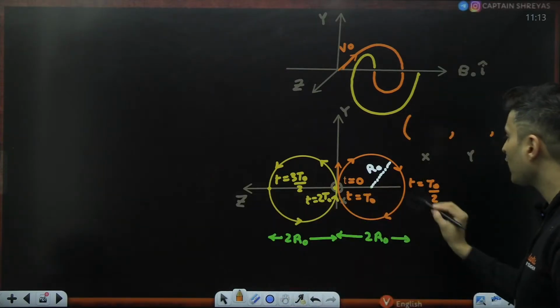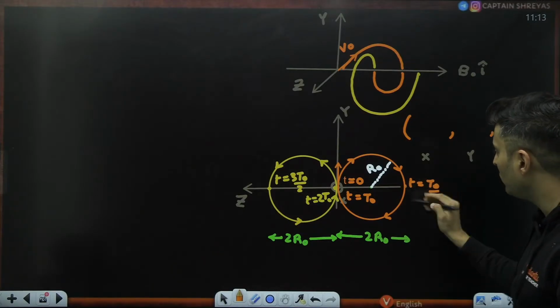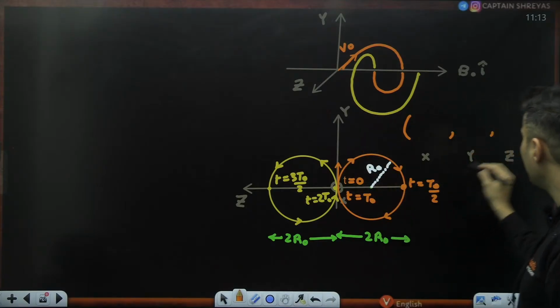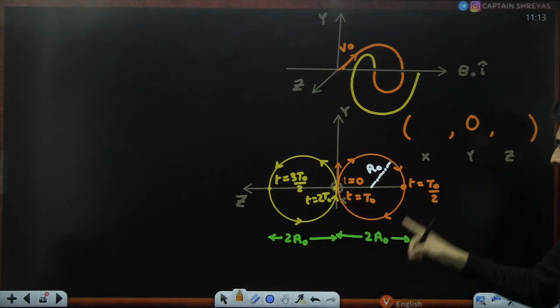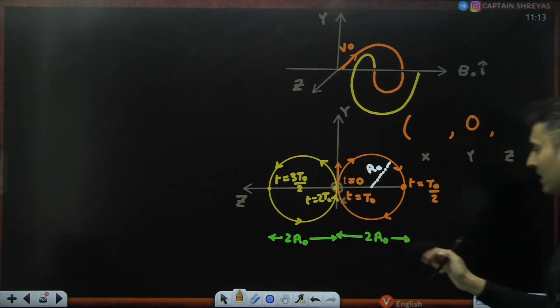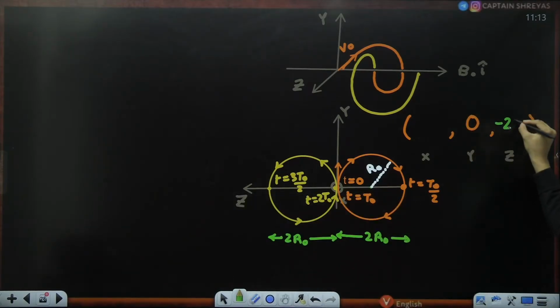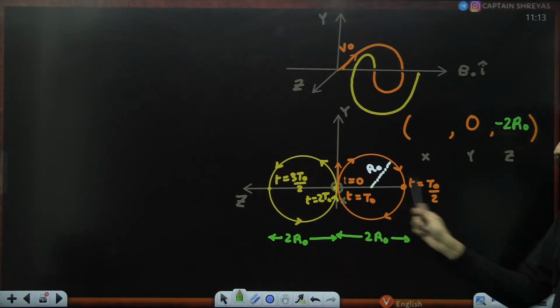Observe carefully, at this point, T0 by 2. Obviously, the y coordinate is 0. So put 0 over here. This is the z coordinate. It is on the negative z direction, not on the positive z. So it should be negative 2r0 for the z coordinate.